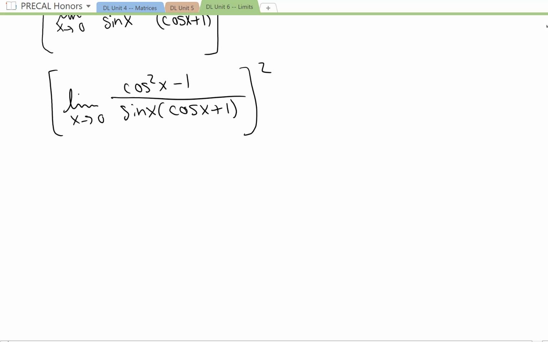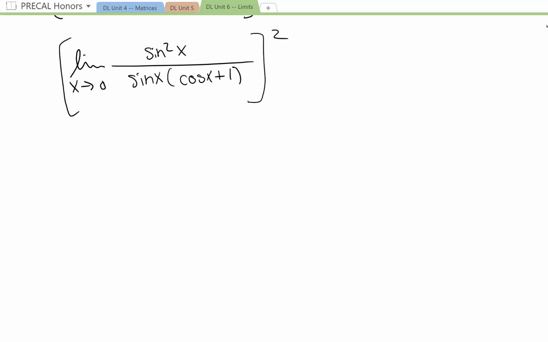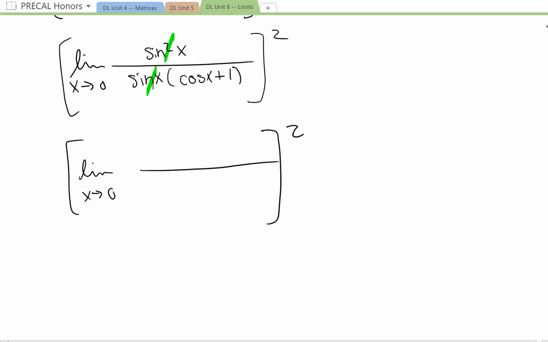Cosine squared x minus 1, that is actually sine squared x. Sine squared x over sine x gives me sine x in the numerator.